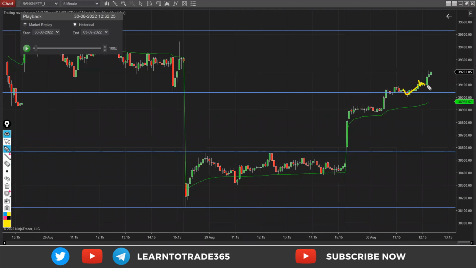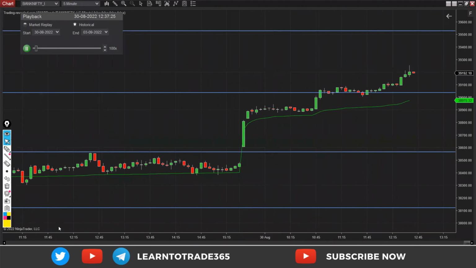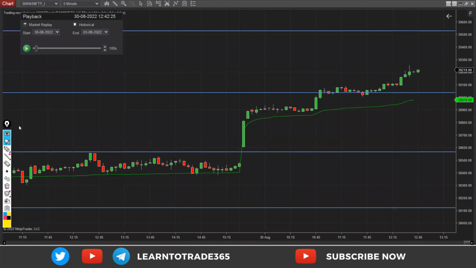Here is sideways action, again trying to move up in this zone, right? Now, let me play this chart. We'll closely understand the price here. Now, one more attempt, and a minor inside-bar scenario is getting developed.